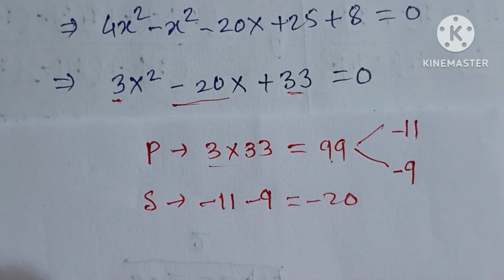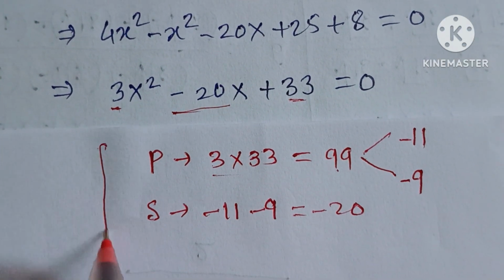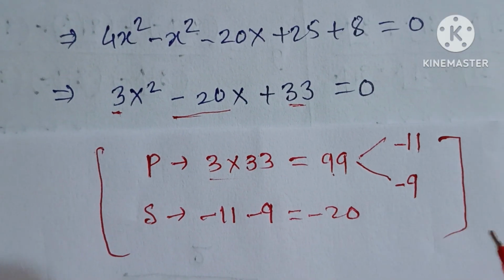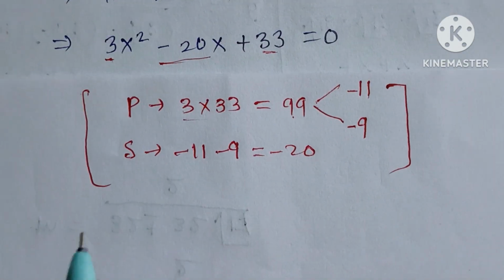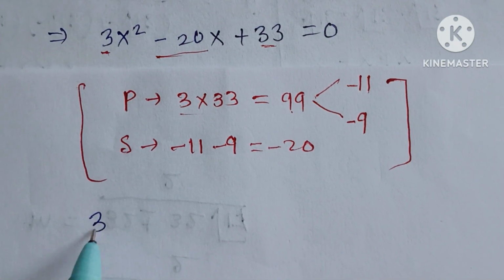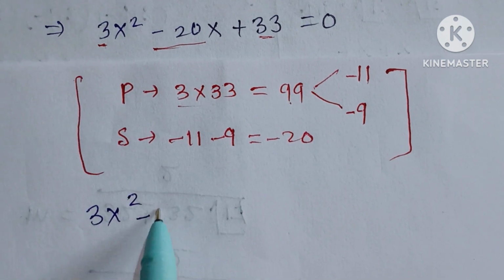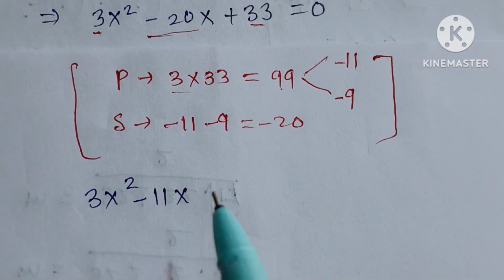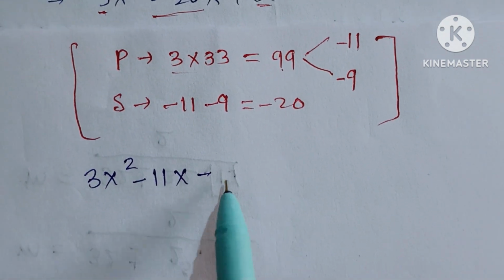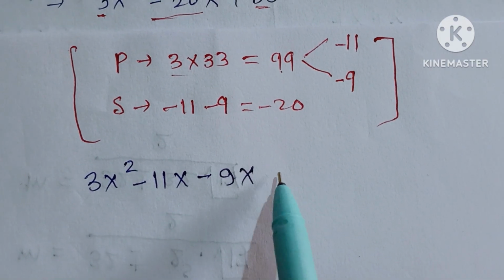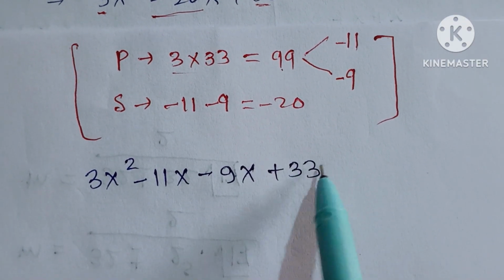So in this way we can factorize the quadratic equation. 3x square minus 11x minus 9x plus 33 is equal to 0.